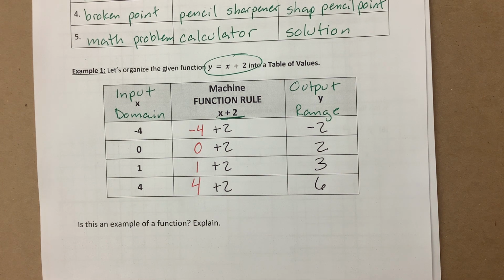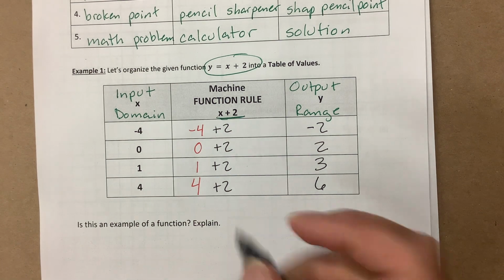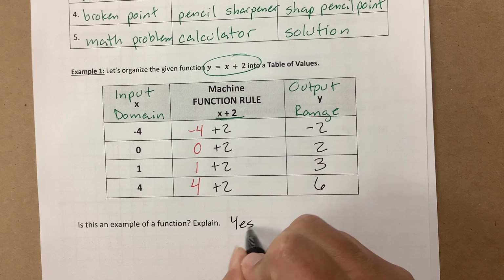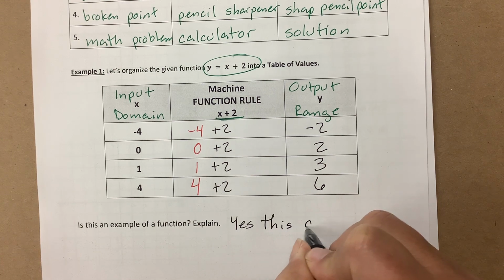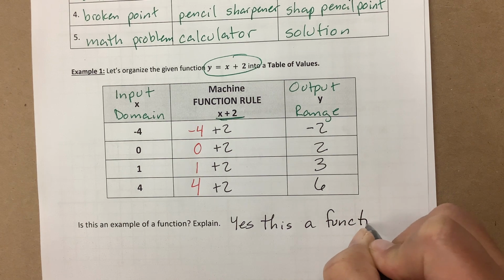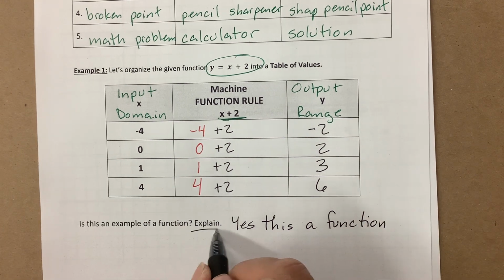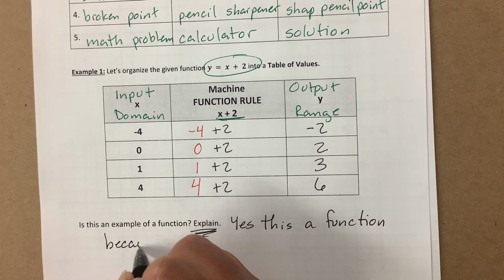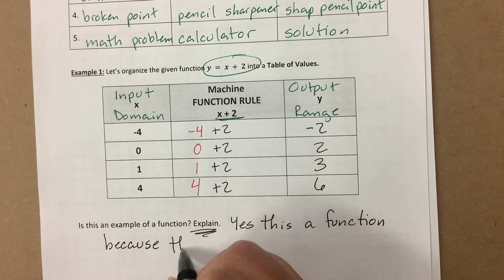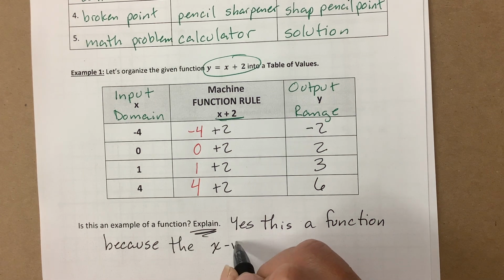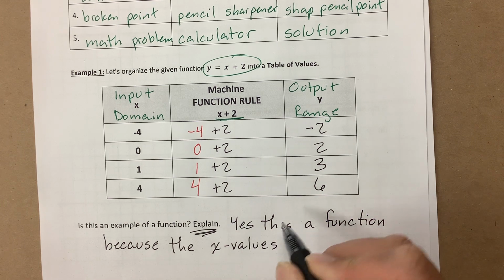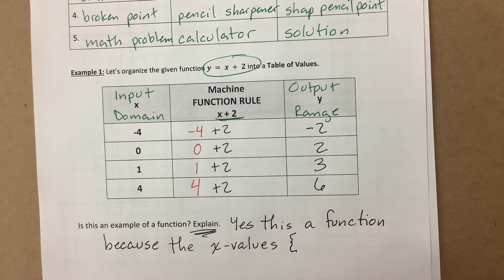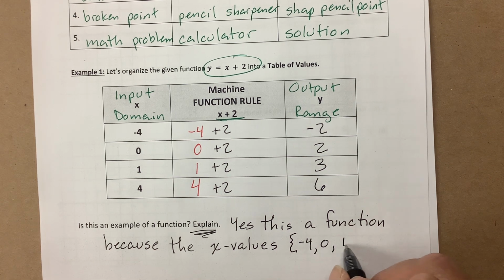All right, so is this an example of a function? Ooh, is it? How would I know? Yes, this is a function. And now you got the important part, the explain. Because the x values, and I'm just going to list them as a set. Here's my set of x values: -4, 0, 1, and 4.